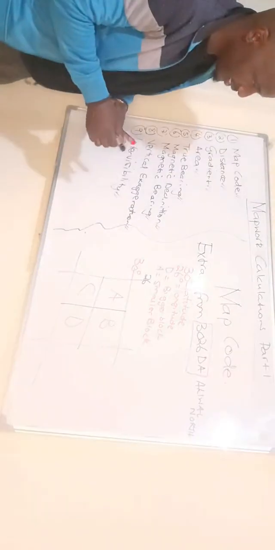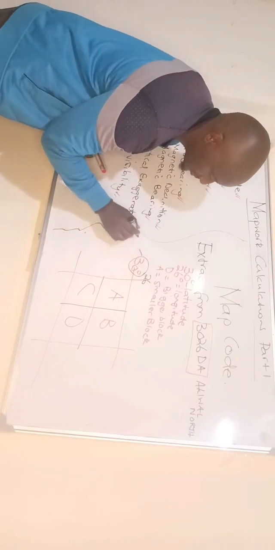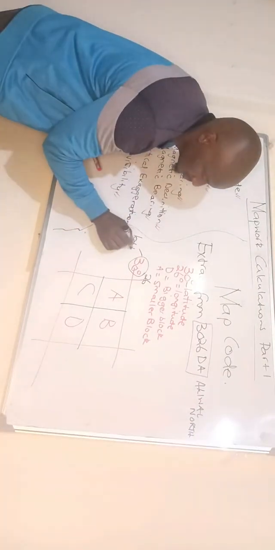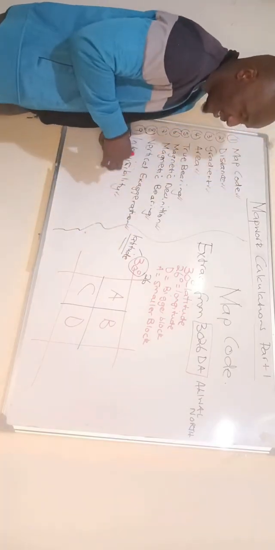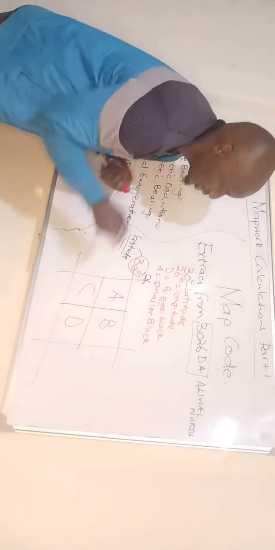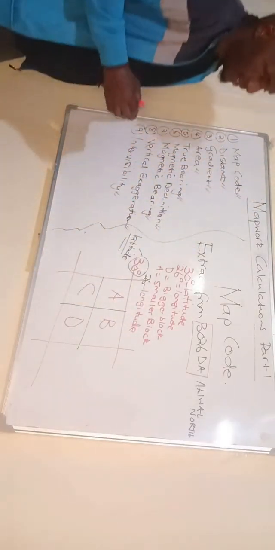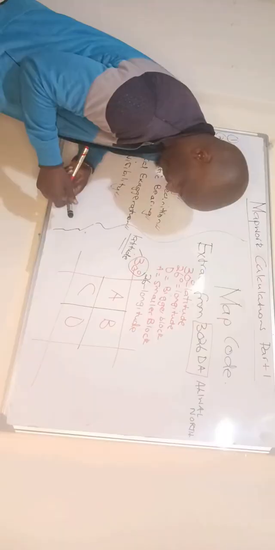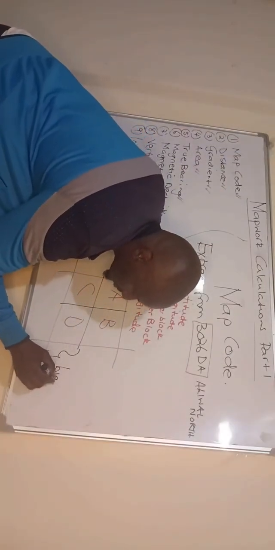So from what we have, this is our latitude here, and the 26 is our longitude. Then our D here is the bigger block.